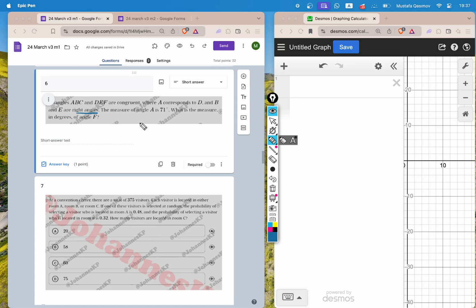It's a right angle, so when we say A, B, C, D, E, F are congruent, it means that A is equal to D, B is equal to E, and C is equal to F. Here it says A is equal to 71, so both of them are 71. B and E are right angle, so automatically these two will be 19. Answer is 19.